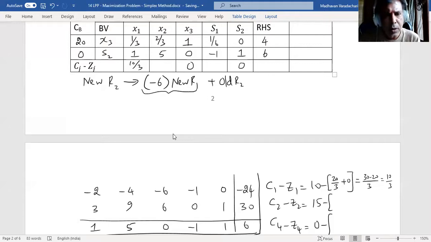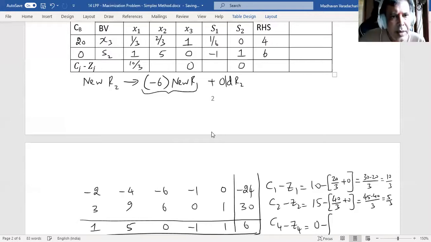C2 already I wrote. Z2 is this 20 into this 2 by 3, which is 40 by 3. Then 0 into 5, it is 0. 45 minus 40 by 3. So it is 5 by 3. So here it is 5 by 3.